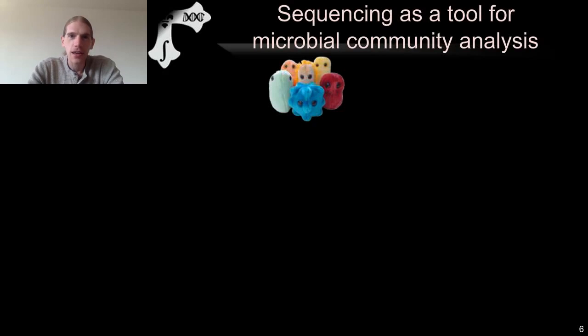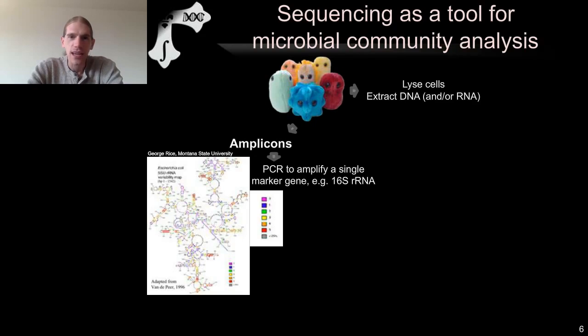So sequencing has become one of the main tools used to study culture-independent microbial communities. And to provide a brief overview of how this is performed, given a microbial sample, it's typically lysed by breaking open the cells, extracting nucleotides, most often DNA, but again, increasingly RNA to look at transcripts as well as genomes, and then performing one of two main types of sequencing. Either amplicon sequencing, in which PCR is used to amplify a single marker gene of interest.